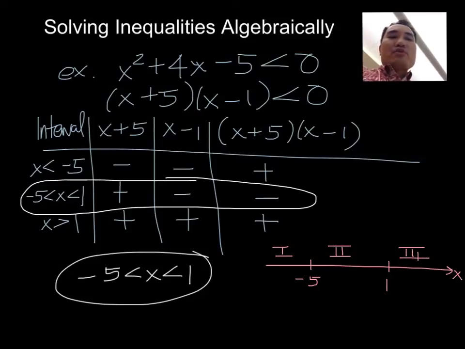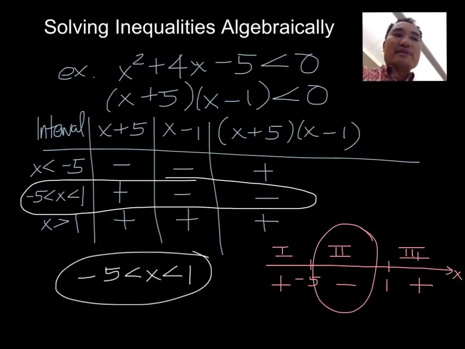If I pick a number in Roman numeral 1, like negative 6, and I plug it into my expression, I will quickly find out that this will be positive. If I pick a number between negative 5 and 1 in interval 2, and I plug that number like 0 into the expression, I'll get negative. And then if I pick a number from interval 3 and plug it into the original inequality, I get positive. So that tells me that where I want to be is interval 2. So you can use either organizational method to do these problems.